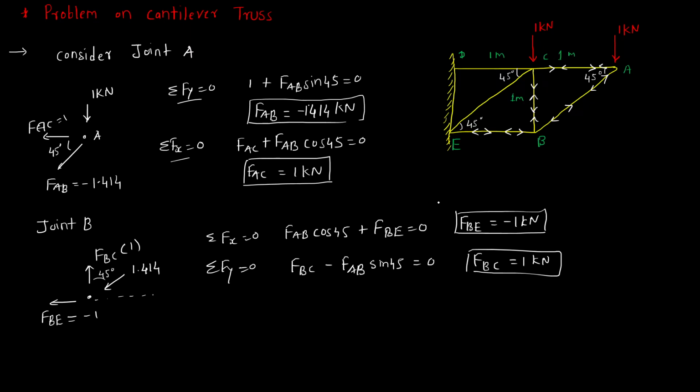So now we will take the last joint, that is joint C. Now at joint C, the forces which are acting are 1, okay, and this angle is 45 degrees.